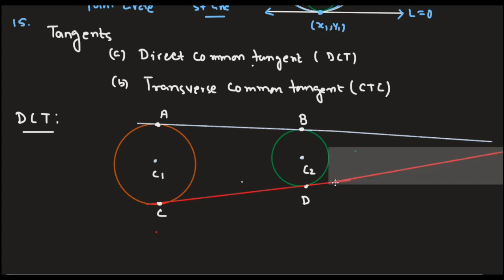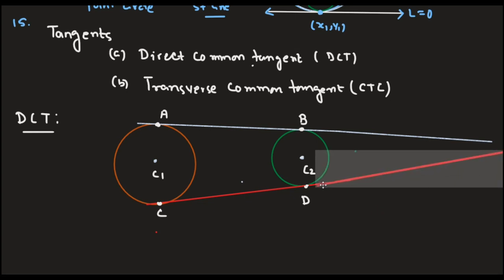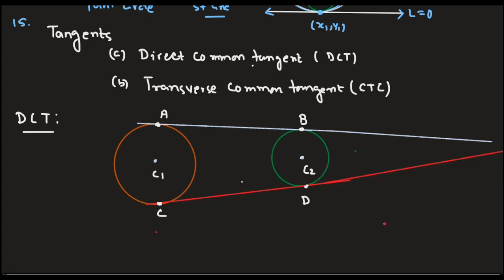Now here I am taking like this one, and here also you notice that they will intersect here. Actually, the diagram is not correct.